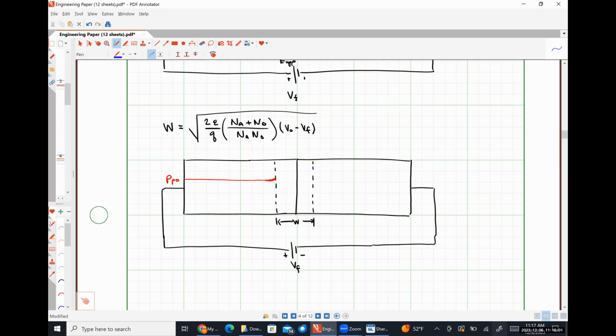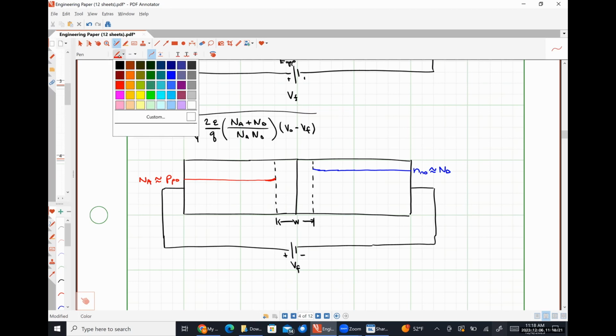So we're going to see a slight uptick very, very close to the edge of the depletion region, and then it's going to flatten out, and it's going to be N naught, which will be approximately ND over here. And this will be approximately NA over here.